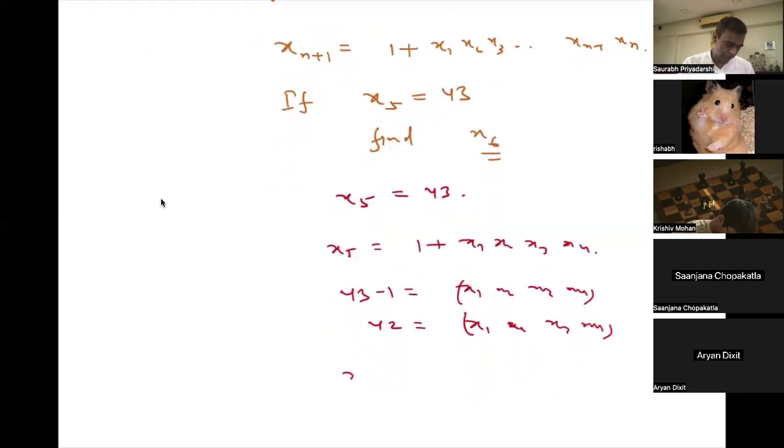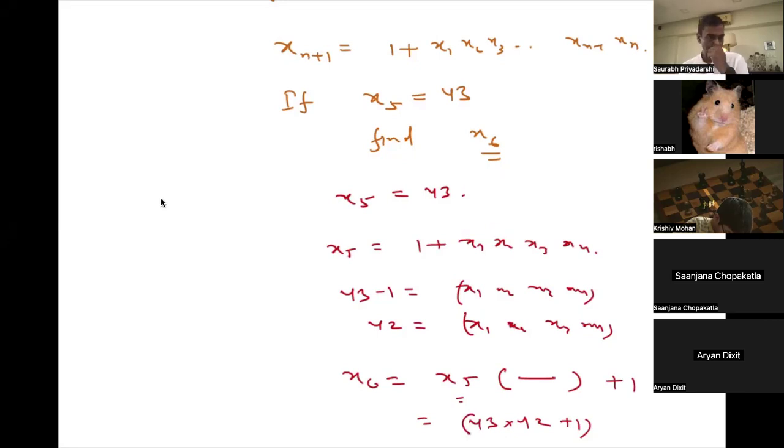So what is this x6? Product of x5 plus product of all the 4 plus 1. So this was 43 into 42 plus 1. I guess something like this is the answer. Tanay, yes, sir, which is 1807. Very good, everyone.